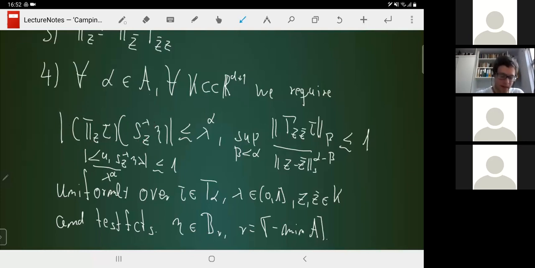So here and here you really take the same point, whereas here you have a fixed distribution and this point can vary, and will vary. So it's almost the same, but not quite. This condition does not imply that pi z tau is in C^alpha. It's a weaker condition, which is good because it's easier to verify.